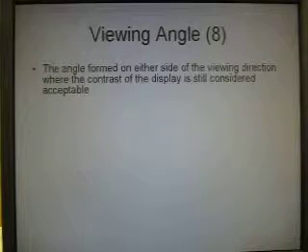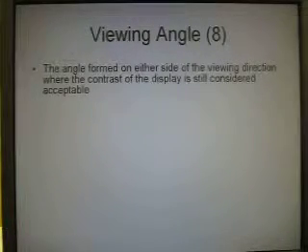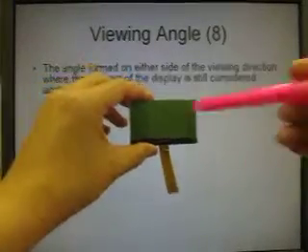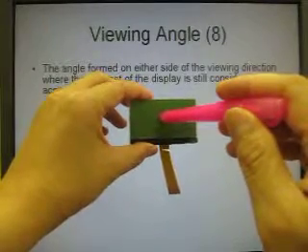What is a viewing angle? The viewing angle is formed on either side of the viewing direction, where the contrast of the display is still considered acceptable. What does this mean? If the LCD is like this and you look from this angle, it's still acceptable.